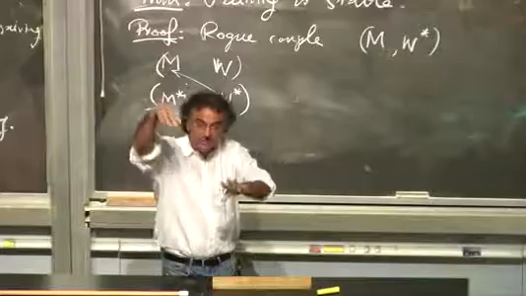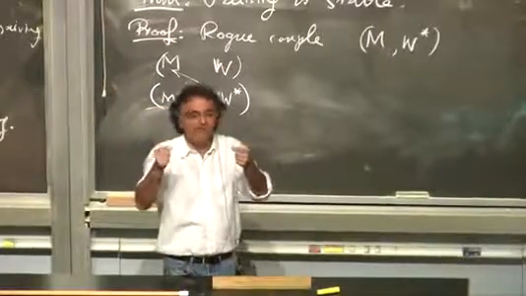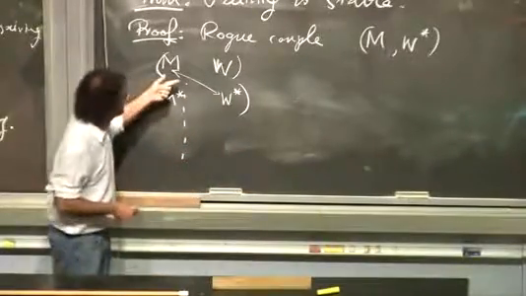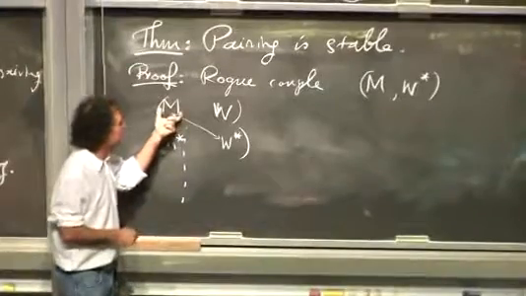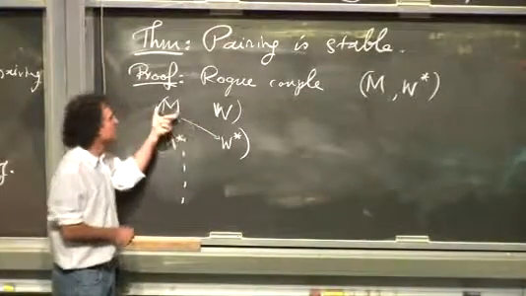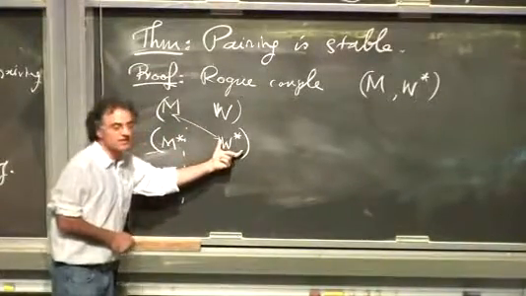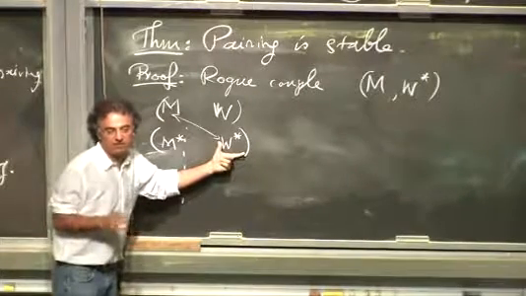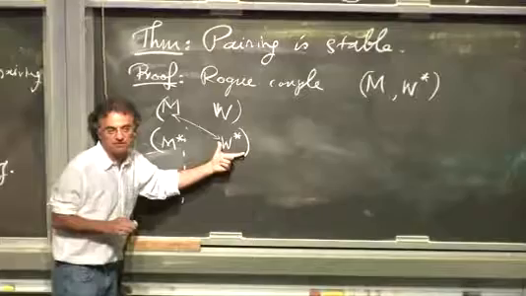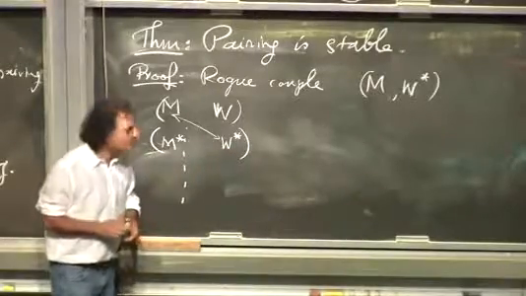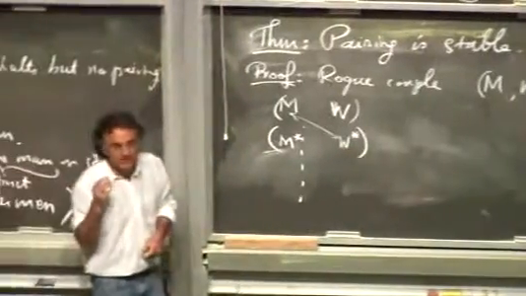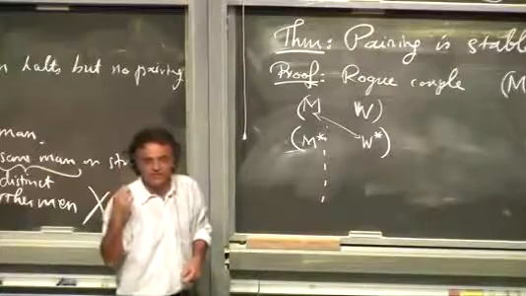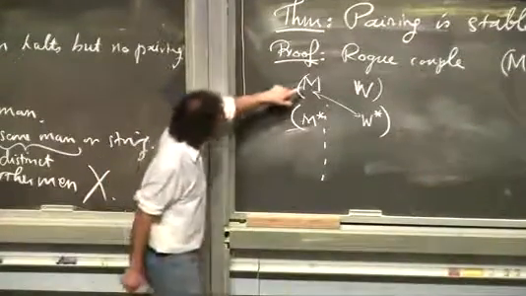And the fact that they're going in opposite directions allows you to infer that, in fact, it's going to be stable. If he preferred W star, then he can't have her. Right? It can't possibly be stable. Okay. So here's the reasoning. The reasoning is this.